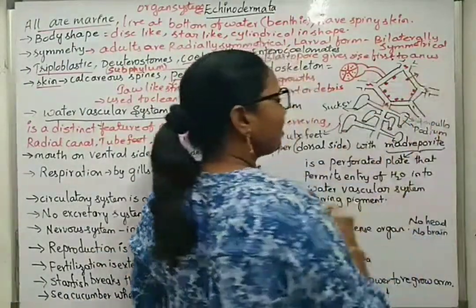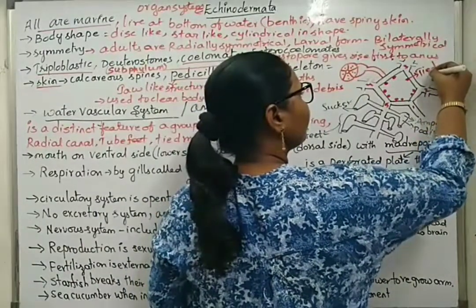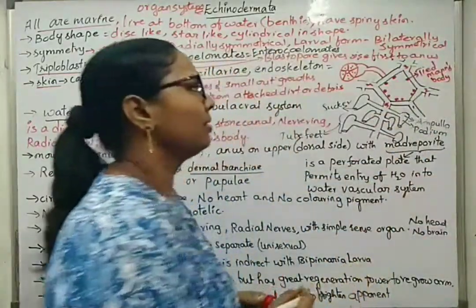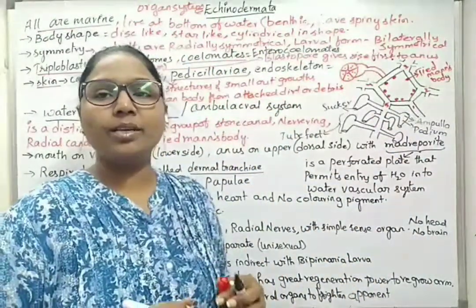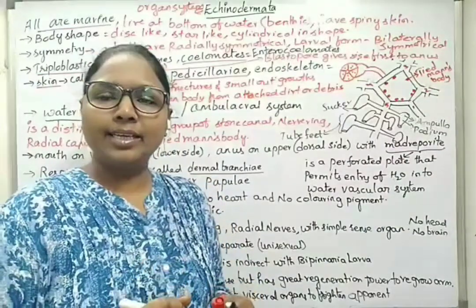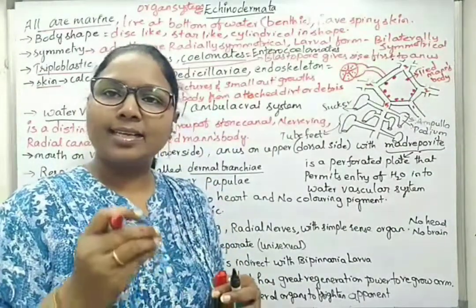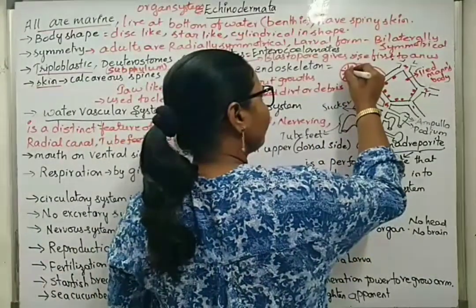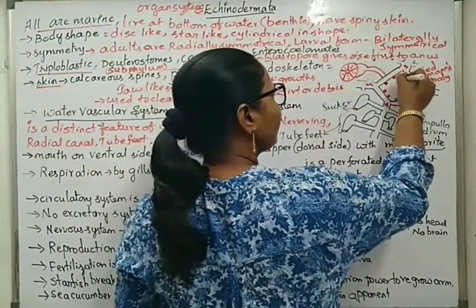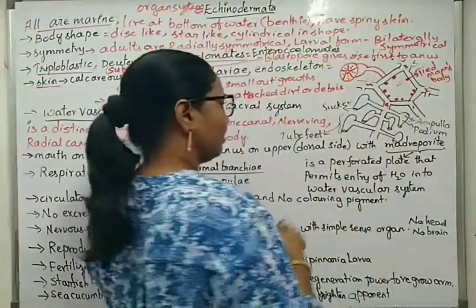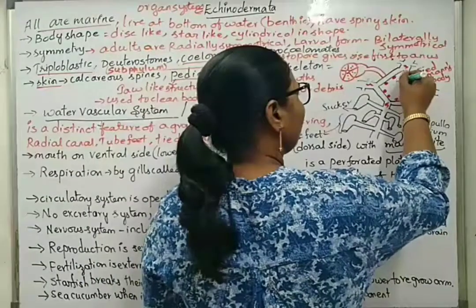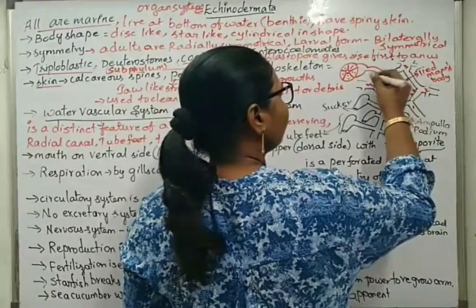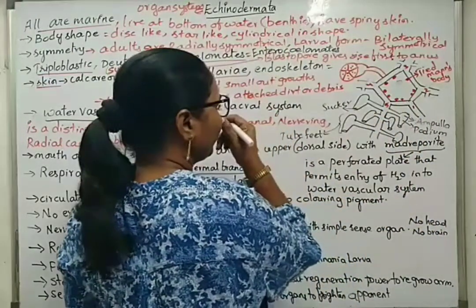These red dot-like structures are Tiedemann's bodies. They secrete amoebocytes or phagocytes that help in killing the bacteria or parasites that have entered the body. This is called the madreporite. Here somewhere will be some anus-like structure. There is no place to write.